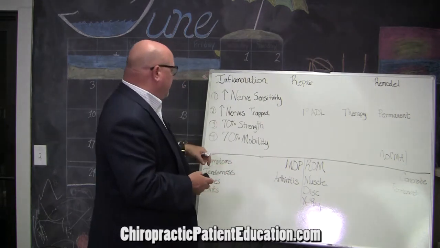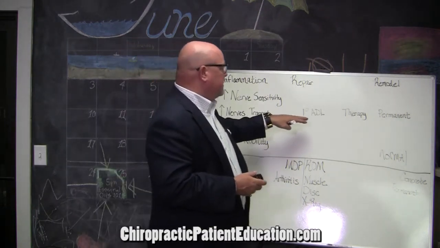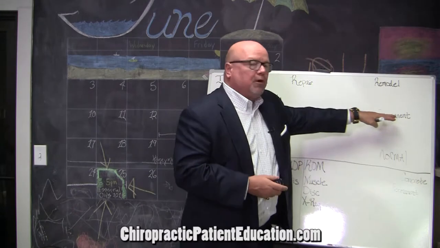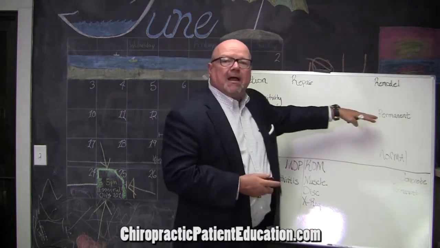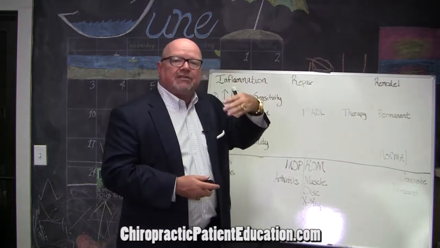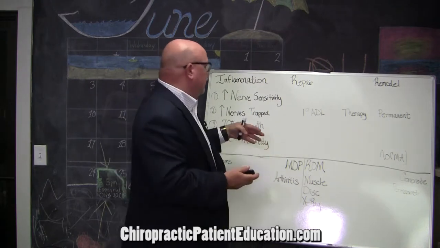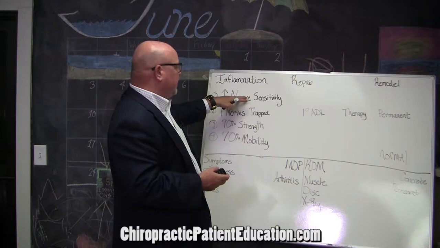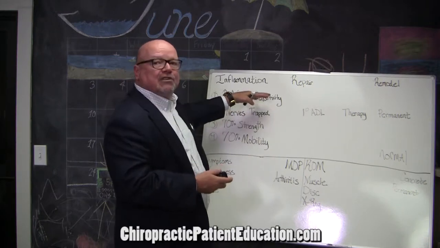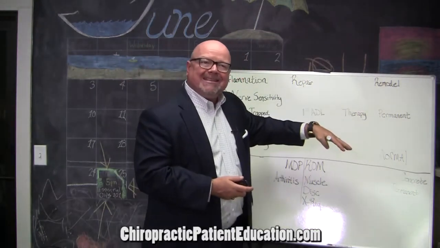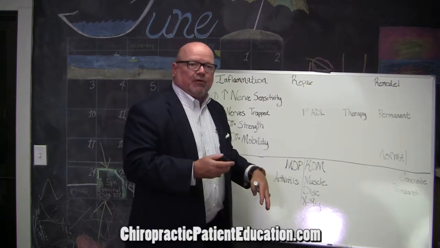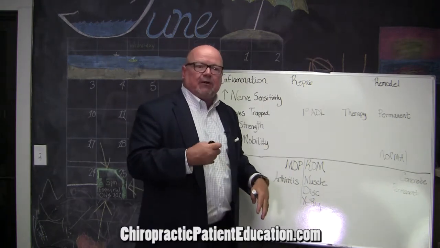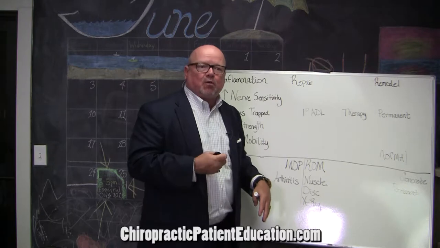And then over here, you can see it says primary ADL, therapy, permanent. And these are just reminders and guidelines for the doctor to go, okay, we're talking about the 3 phases of healing. We're going to talk about this particular one, and we're just going to go left to right. So it's a very easy way to get you to remember what to say.